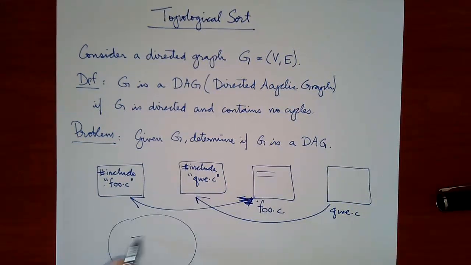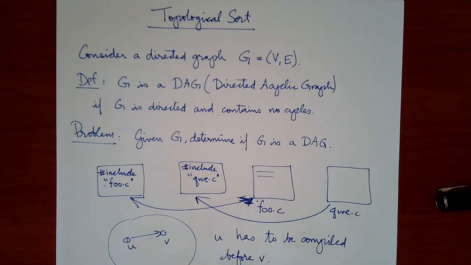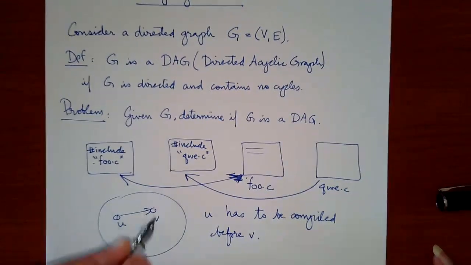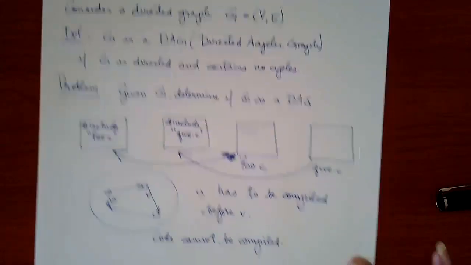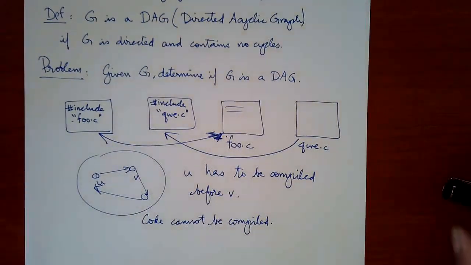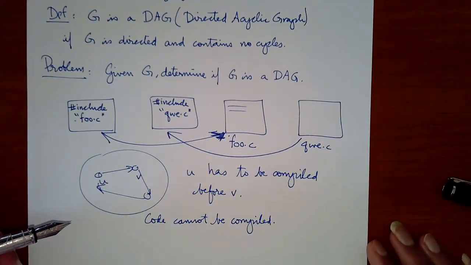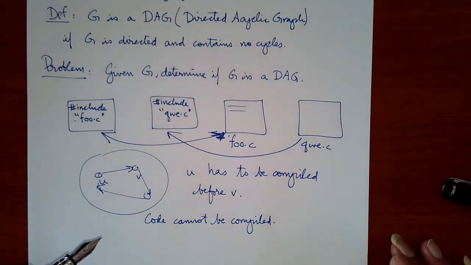In your DAG, if there is an edge UV, that means that U has to be compiled before V. And if there is a cycle, then this code cannot be compiled. And so topological sort is finding an order of compilation.